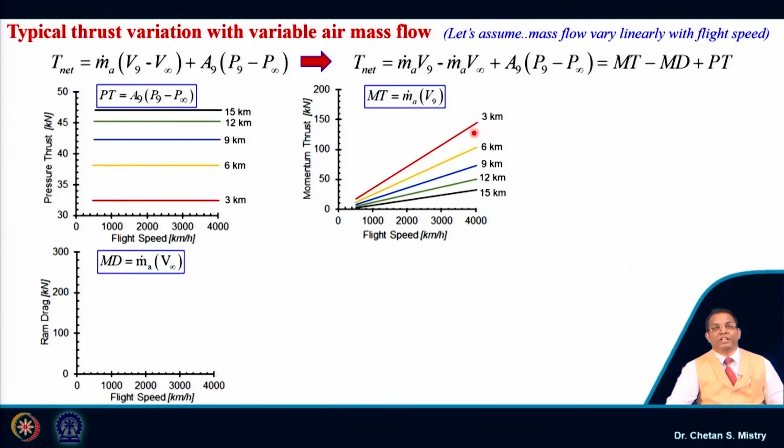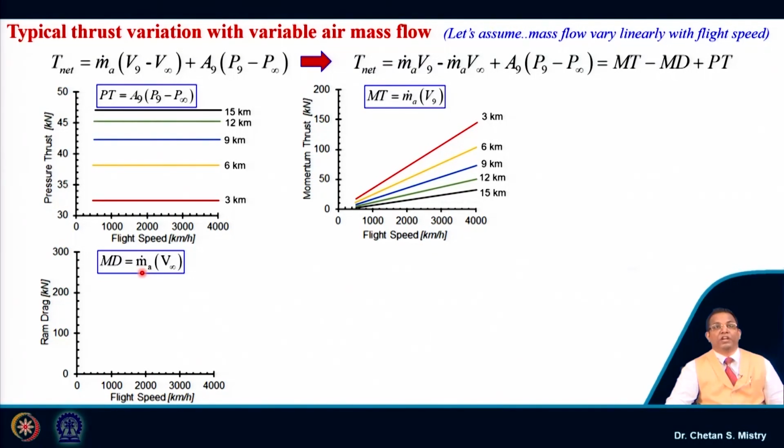Now, let us try with my ram drag. The ram drag depends on my mass flow rate of air as well as my free stream velocity. Now, this mass flow rate is represented by density times area times velocity, and this velocity is my V infinity.